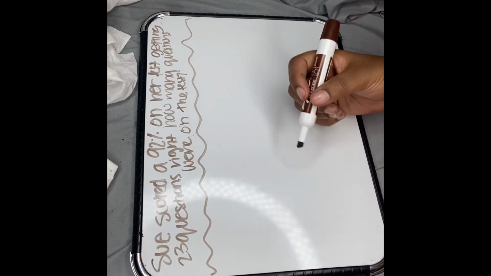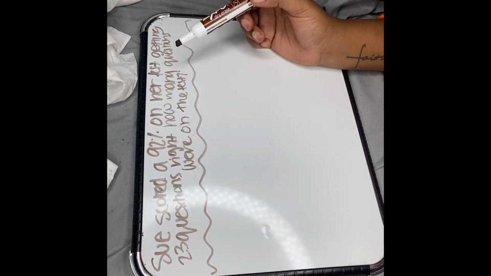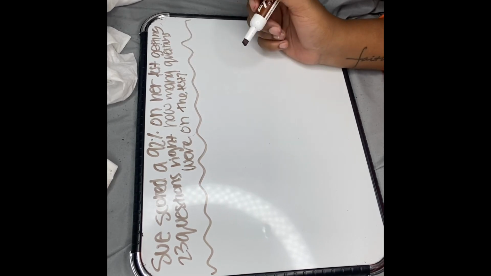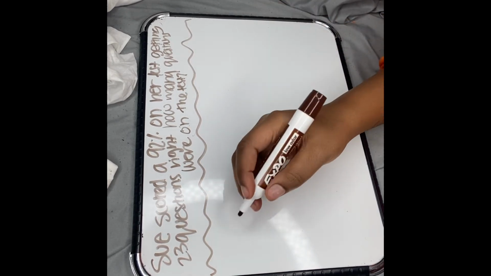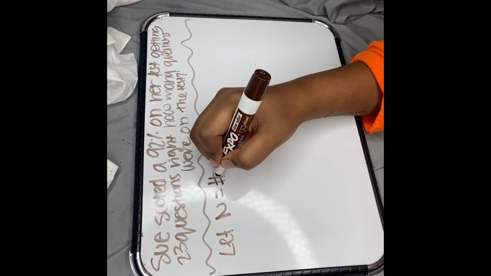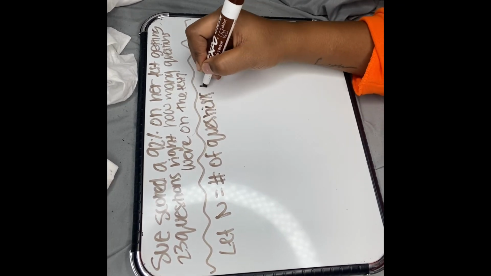Okay, so Sue scored a 92% on her test, getting 23 questions right. So our question is, how many questions on the test were there in total? So we're going to let n equal the number of questions on the test.